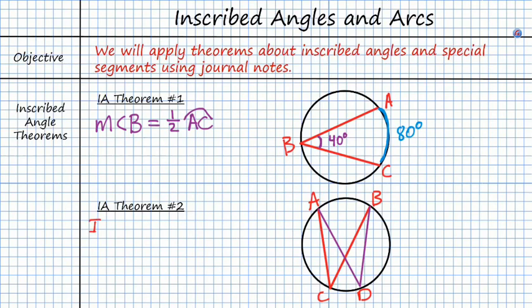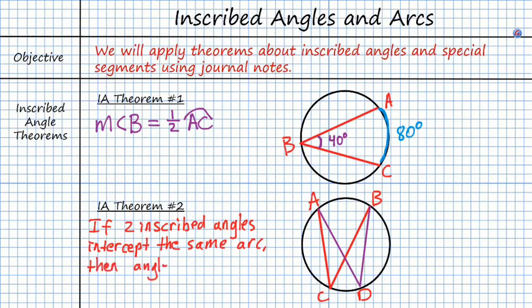So again, if we say that AB is 80, then each of these angles down here will be 40.